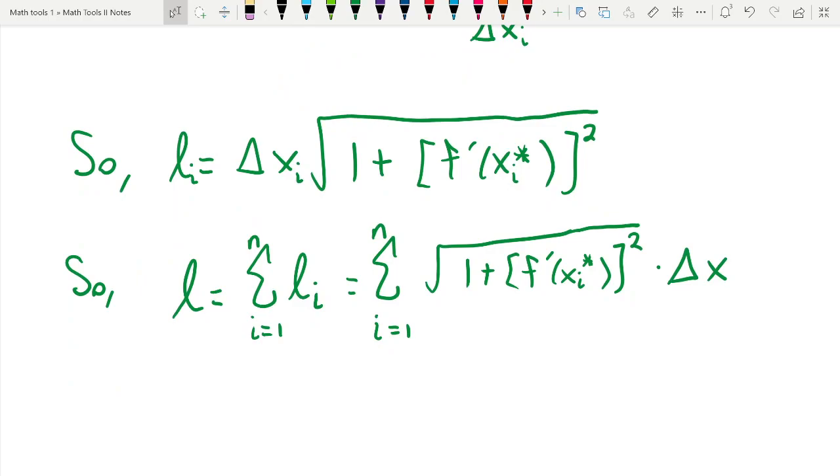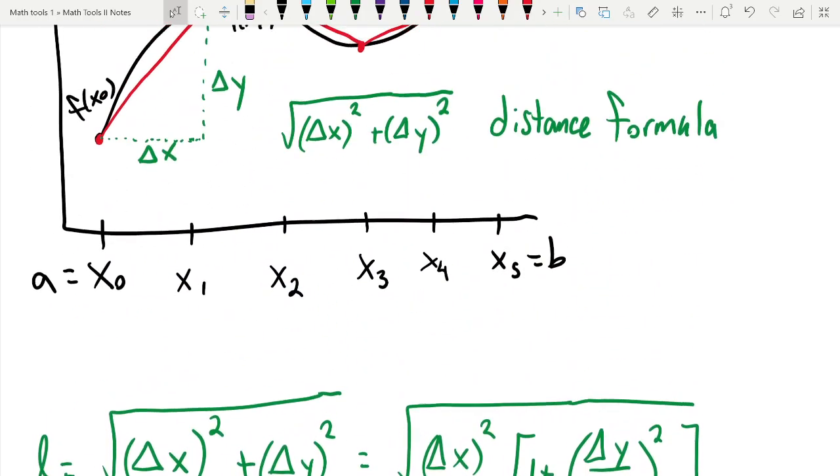So then, again, we can imagine just like when we started doing this with the rectangles, when we were finding the area.